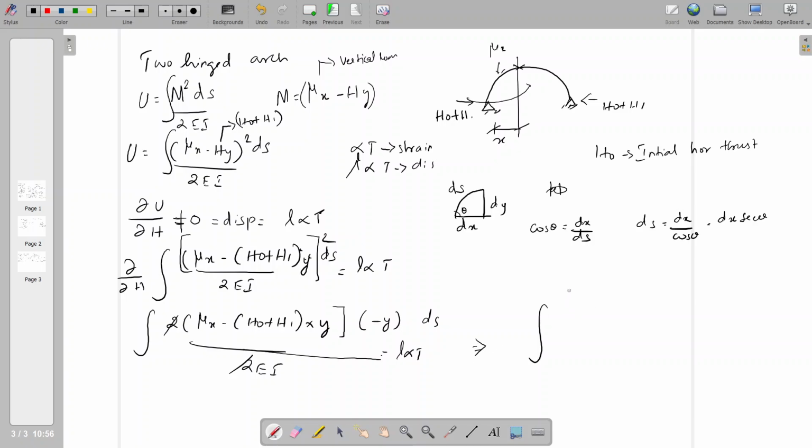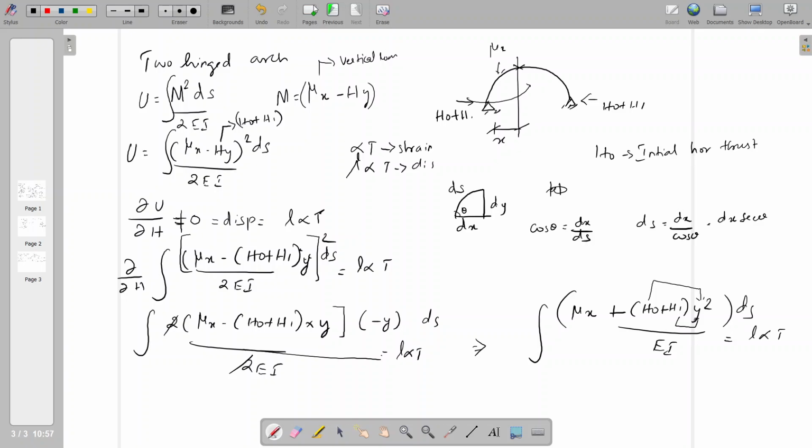Further I am reducing to the integral of (Mu x plus (H0 plus H1) y) y ds by EI equal to L alpha T. So I am going to split the portion into H0 y square and H1 y square.